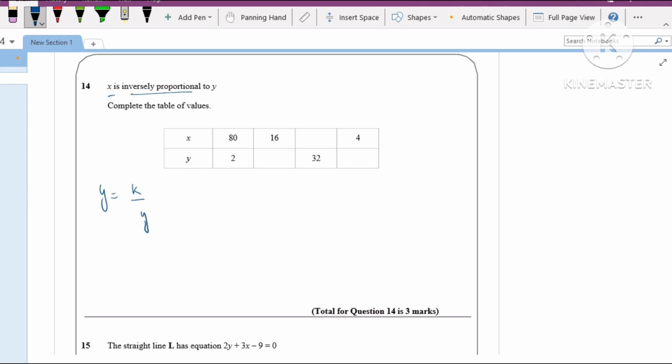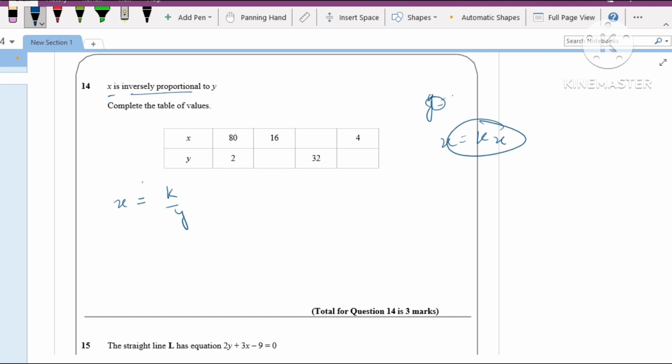If it is direct, you will write x is equal to k times y. So this is for direct and this is for inverse.